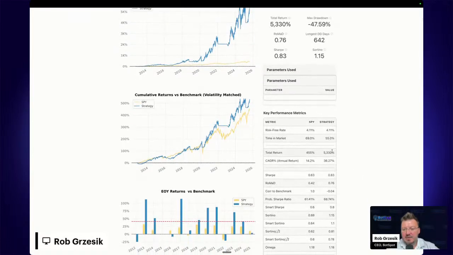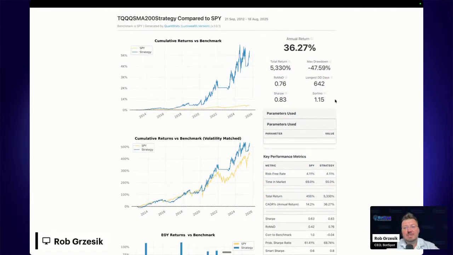We could see here, the S&P over the same time period did 455%. This strategy did 5,330% over that same time period. So it's actually pretty damn good. It's not like mind-blowing, holy crap, this thing makes 300% a year, but I would actually take this. I would actually be pretty happy to trade this one.